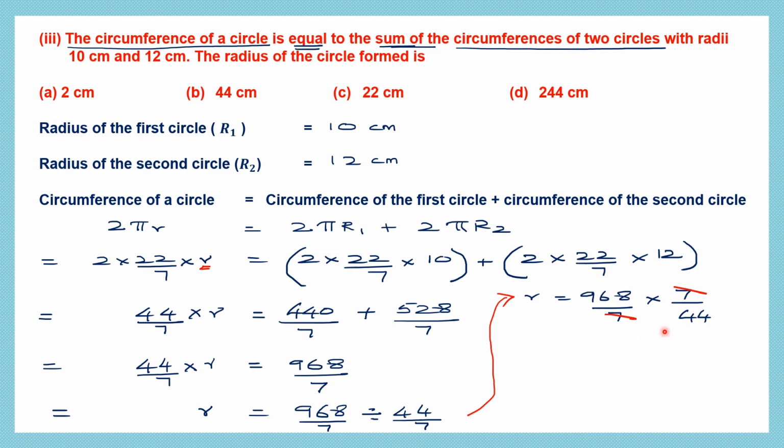Now look at this 968 and 44. We can cancel both of those. 44 into 22 is 968 and 44 into 1 is 44. So now we have found the value of r, and r is equal to 22. What is r? R is the radius, and the answer is 22 centimeters. So this is our answer. Radius is 22 centimeters, and that is option C.